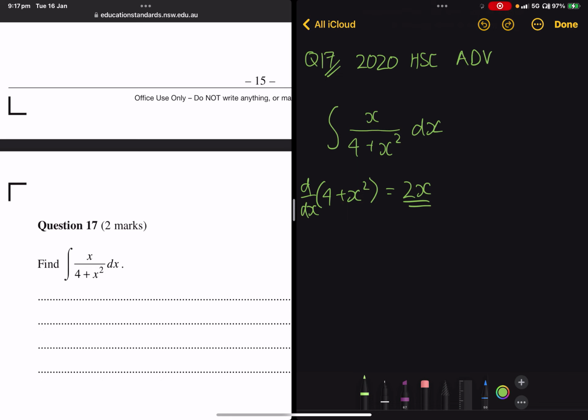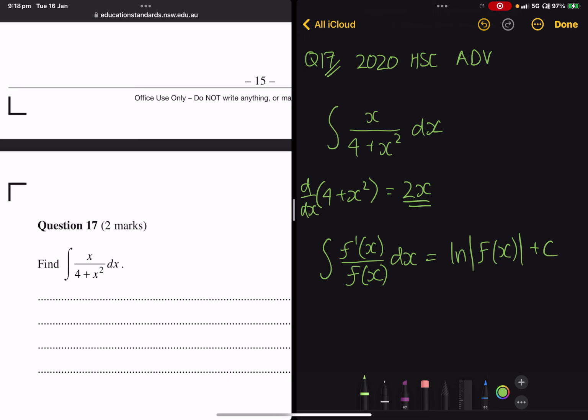When you have an integral where the numerator is a scalar multiple of the derivative of the denominator, that's a natural logarithm. This comes directly from the HSC formula sheet, we're told f prime of x divided by f of x, when you've got the derivative in the numerator and the function in the denominator, this integral with respect to x is equal to the natural log of the absolute value of f of x plus a constant.